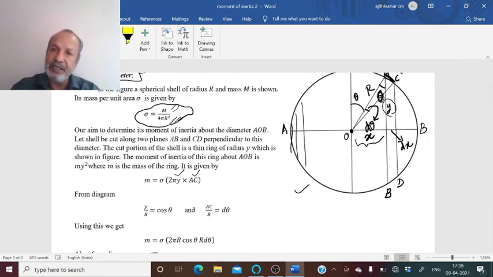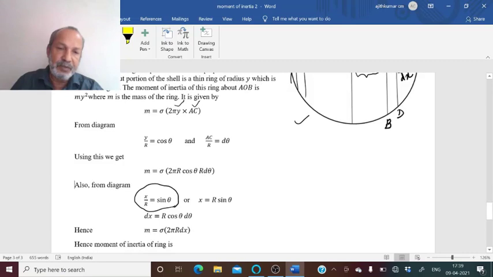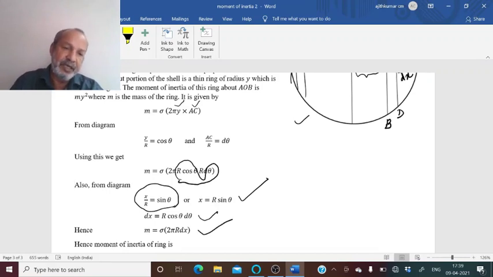You can see this theta here, opposite side by this r, that is hypotenuse, that is equal to sin theta. So x is equal to r sin theta, and you take differential dx, then it will be r cos theta d theta. So we can substitute for that r cos theta d theta here and obtain mass in terms of x. Mass is equal to sigma 2 pi r dx.